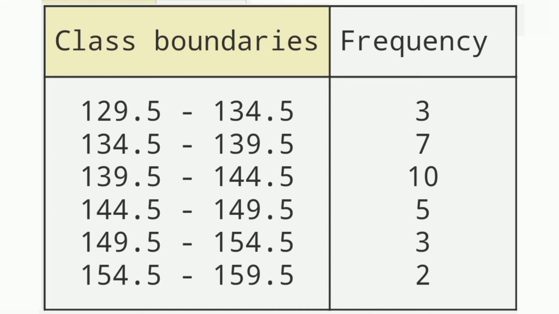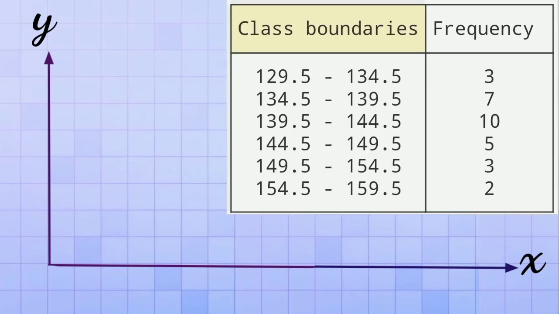So here I have drawn the x-axis and y-axis. We have to draw using the class boundaries only. It is starting at 129.5. In the earlier question we didn't have any problem because it started at 0 to 10.